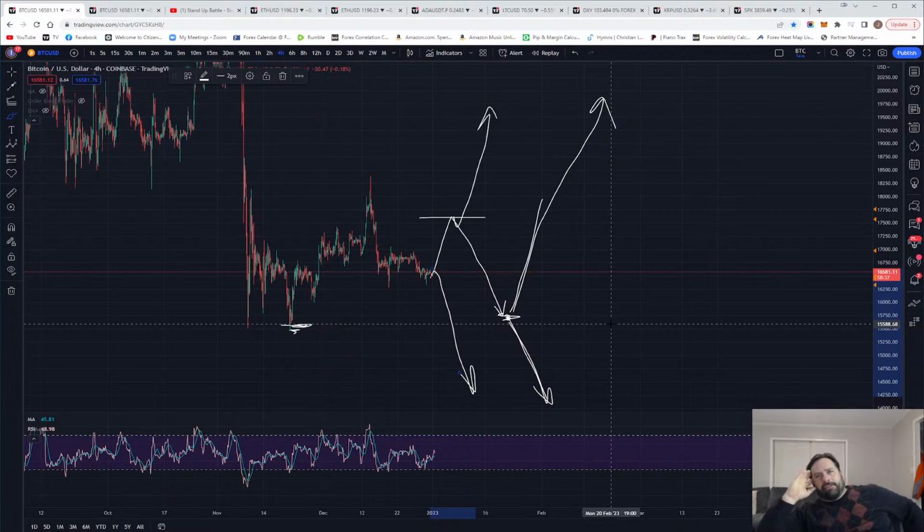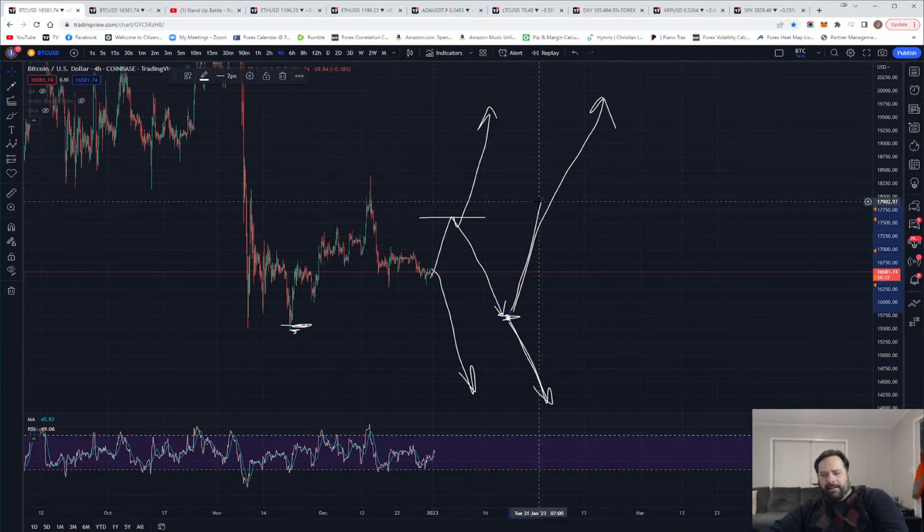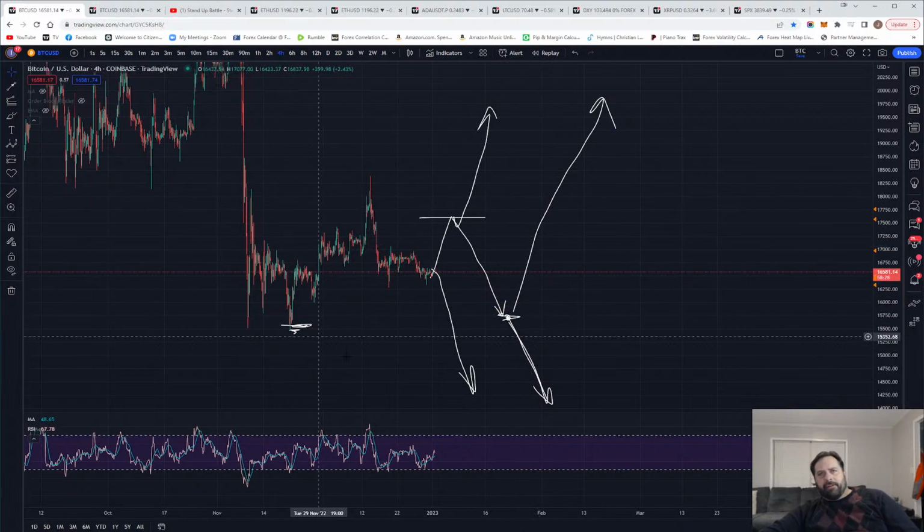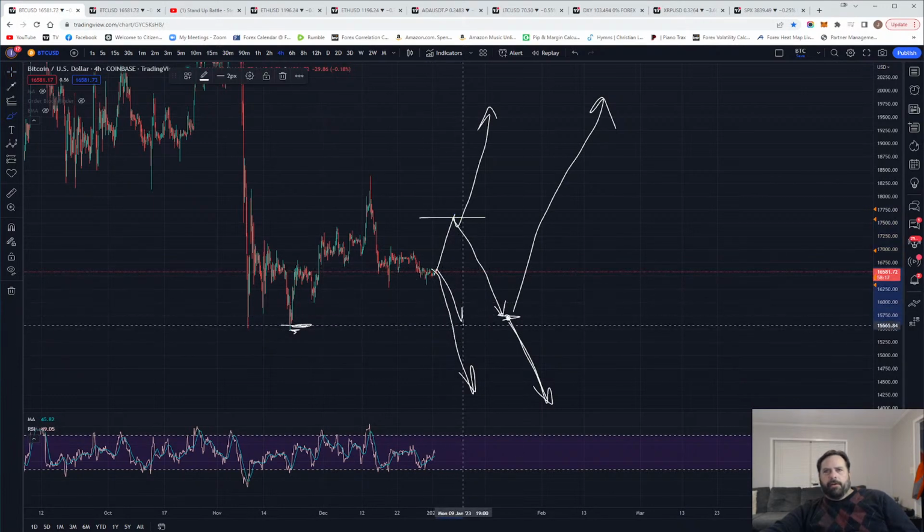That just summarizes all the different ideas that I presented, and what could happen with the wave structure from here based on what we're seeing right in here. So let's see what happens, whether we get a down move from here first tonight or tomorrow. Do we get a down move here? Does this start tanking?